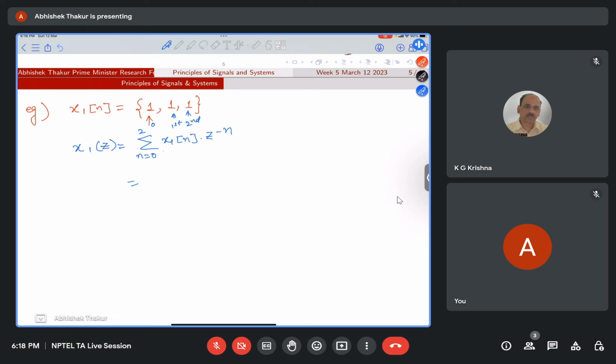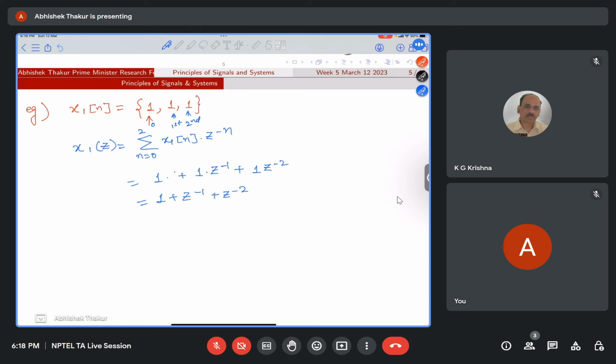When we substitute n equal to 0, it will be 1 into z to the power minus 0, that is 1, plus 1 into z inverse, plus 1 into z to the power minus 2. So the z transform will be 1 plus z inverse plus z to the power minus 2.